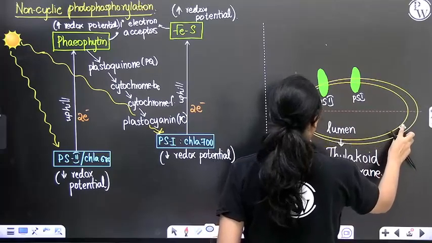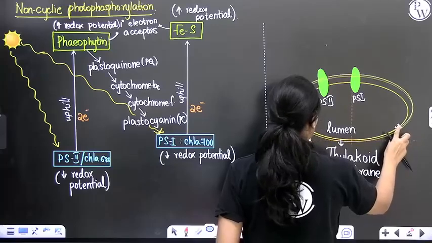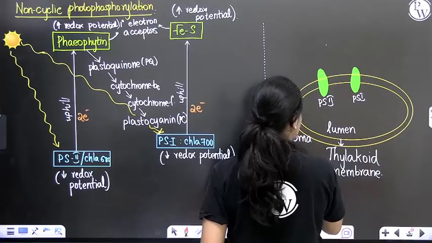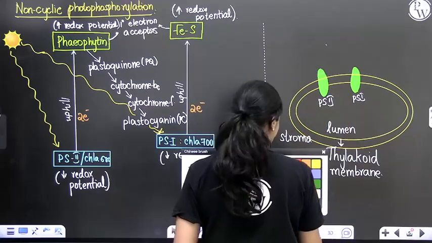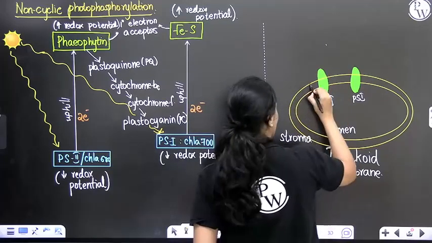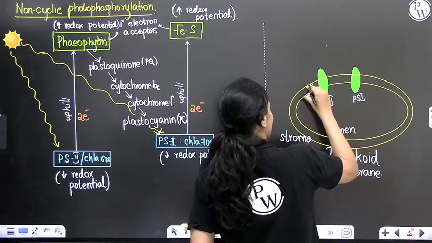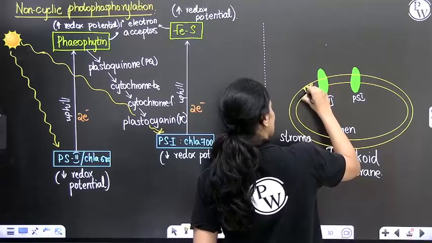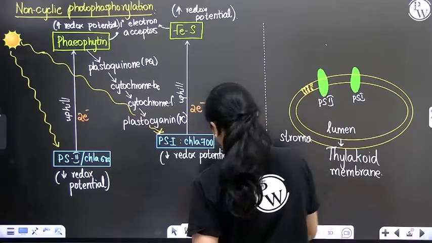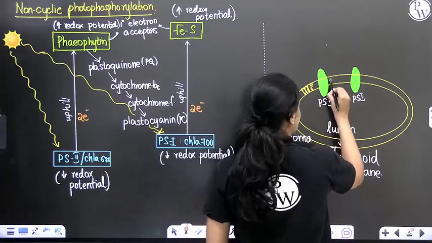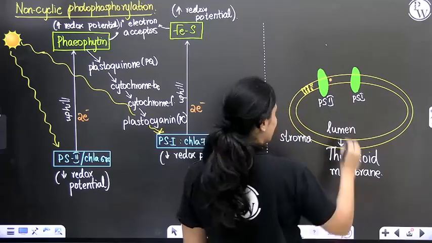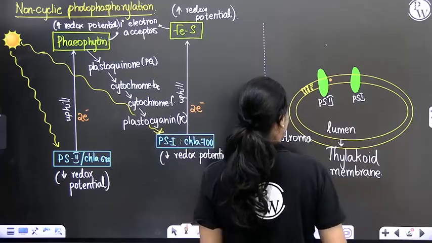If you can think of this as the membrane, it's not a great illustration, but over here, this is the phospholipid bilayer. So this plastoquinone is kind of like a mobile electron carrier that will be present here. Okay, so the plastoquinone will take it up.